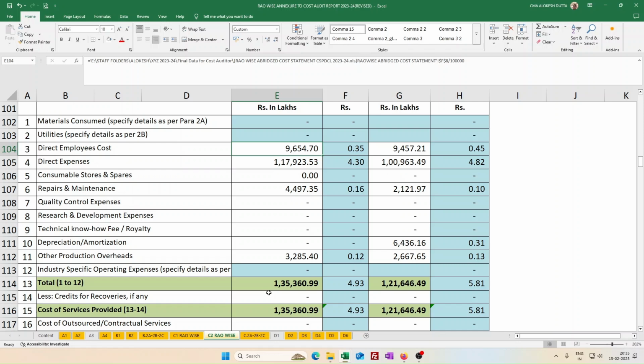For mapping the financial code or SAP code into the headings, you have to take the help of cost accounting standard and CRA1, generally accepted cost accounting principles and cost accounting policy.